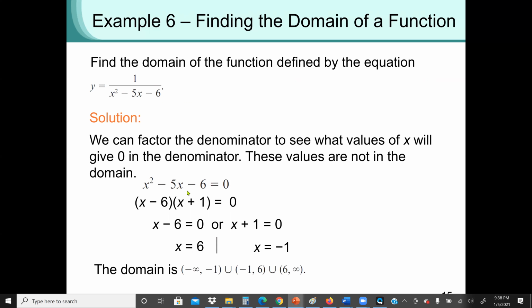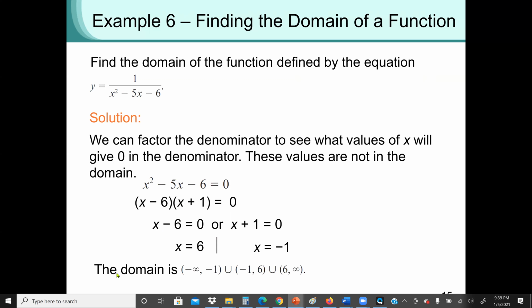Then we factorize the trinomial, and we get x minus 6 times x plus 1. We are using minus 6 and plus 1: minus 6 times plus 1 gives minus 6, and minus 6 plus 1 combined gives minus 5. So that's correct. So x minus 6 is equal to 0 and x plus 1 also equals 0. Our first input value will be 6. Our second input value will be -1.